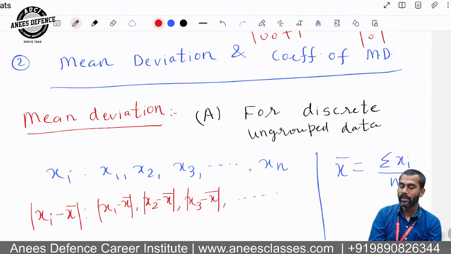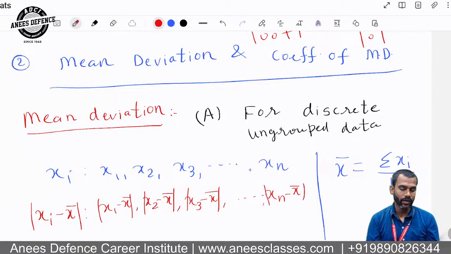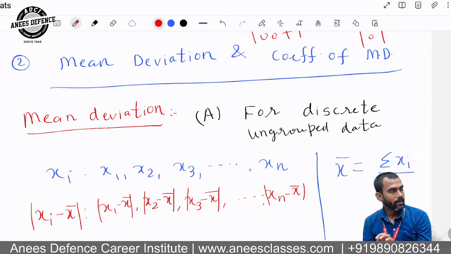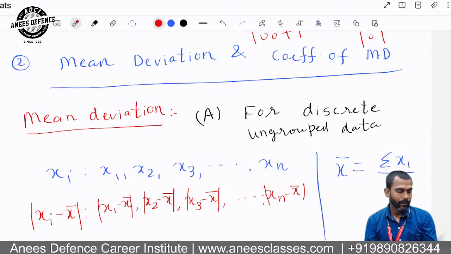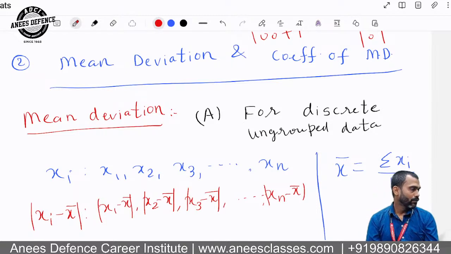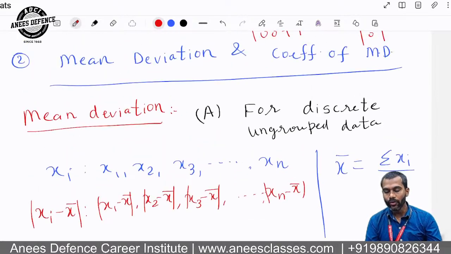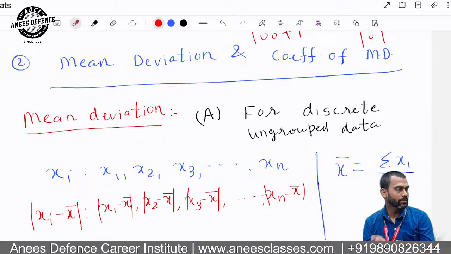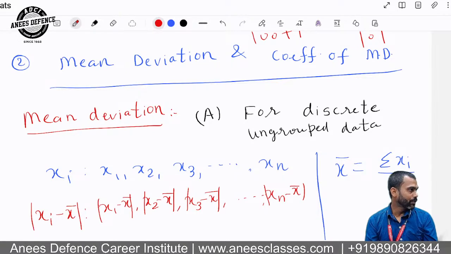You don't have to take negative values. Only positive values we have to take. That is why mod. So what is the first step? Find mean, and then find the absolute deviation of all the observations. Understood? Okay. Now you need to find out the mean of this absolute deviation of all the observations from mean. For mean, what we have to do?